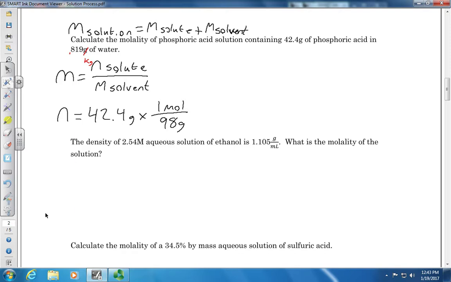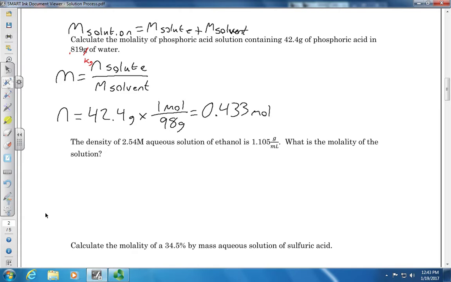Phosphoric acid is H3PO4, so the mass of 3 hydrogens plus the mass of 1 phosphorus plus the mass of 4 oxygens will get you approximately 98 grams. And that'll give us 0.433 moles.